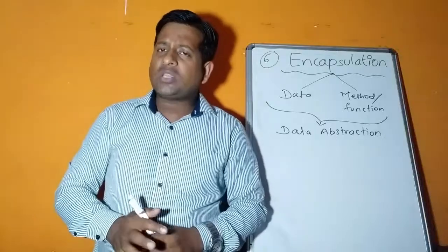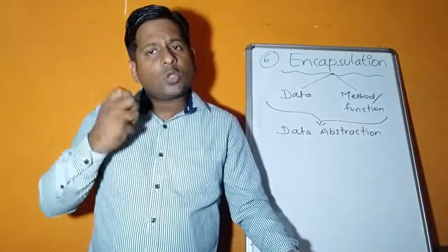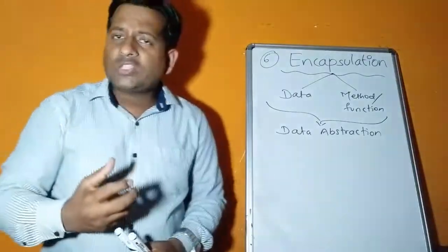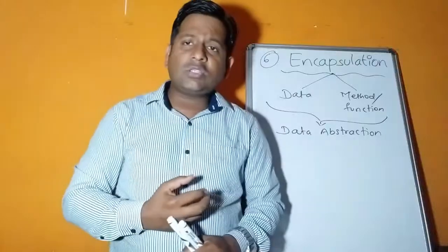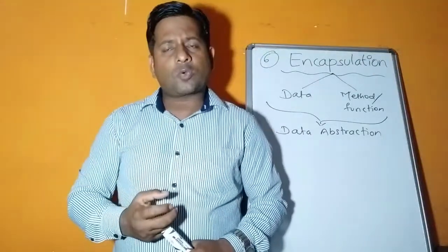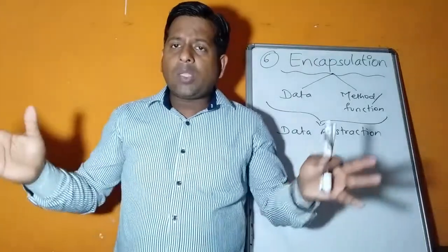So encapsulation is one of the properties of object-oriented programming. It is not only that encapsulation is applicable in Java. Encapsulation is used in all the object-oriented programming systems. That's why we bind together.